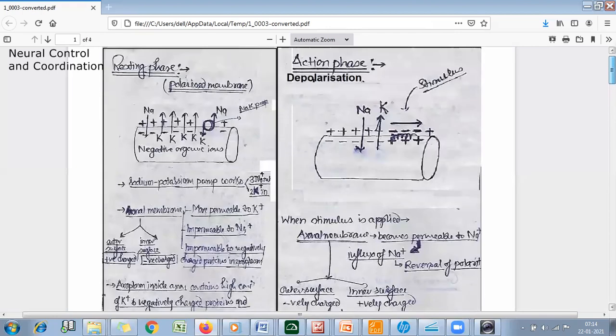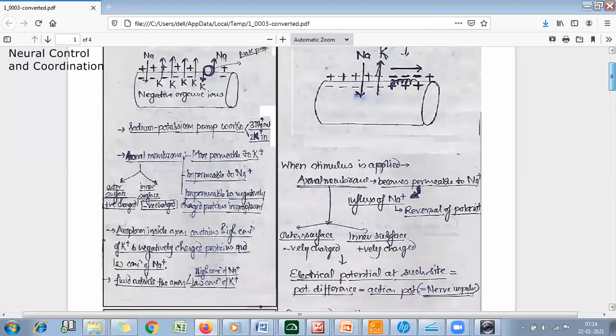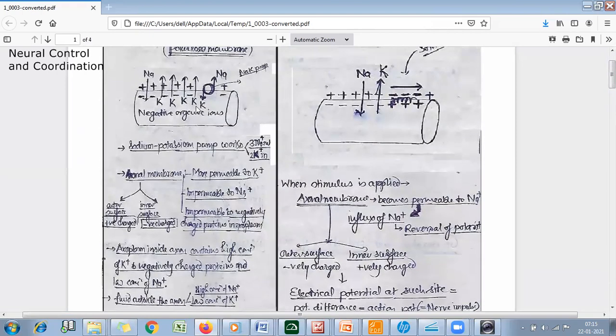So what happens? We can see that for the generation and conduction of the nerve impulse, three phases were there: resting phase, action phase, and repolarization phase. In the first phase, there was no stimulus.